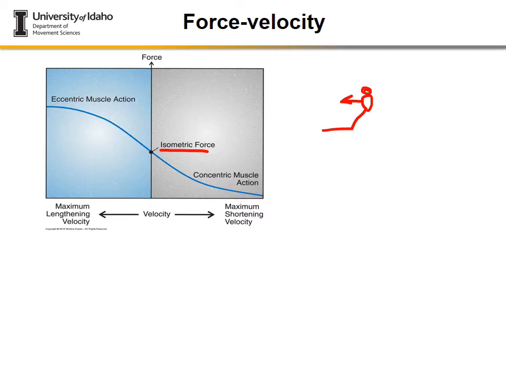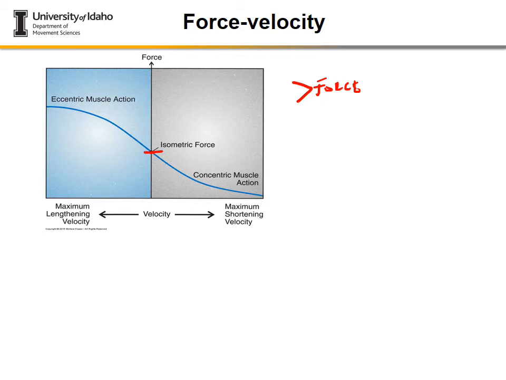If I push against the wall or try to move something in an isometric hold, I'm going to have the maximum number of these myosin actin cross bridges, which is going to increase the magnitude of force. So the greatest amount of force production within a myofibril muscle happens at this isometric level, okay?